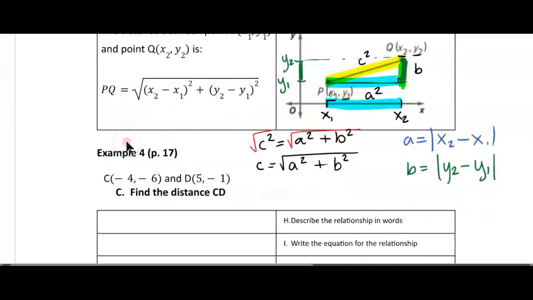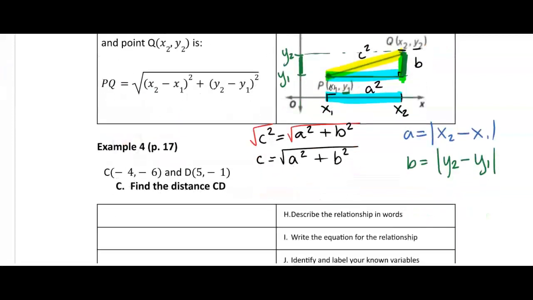All right, so how do we take this and this and this and make it into this? Well, our distance c is this segment PQ. And then we want to take a and square it. So that means we're going to take x sub 2 minus x sub 1 and square it. When we square a number, it always makes it positive, so we don't need the absolute values anymore.